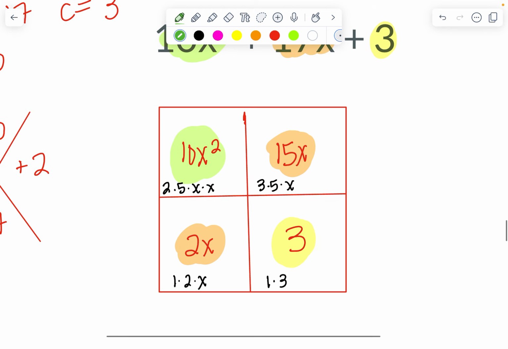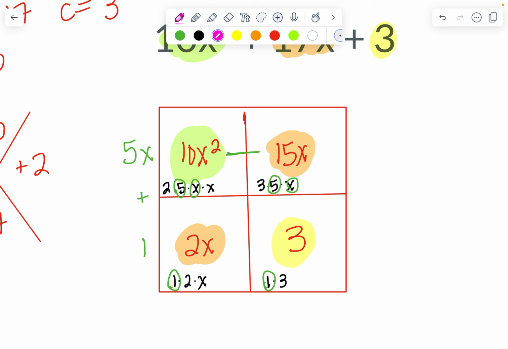If I'm looking at the GCF of 10x squared and 15x, it looks like I have both a 5 and an x in both of these. So the GCF of that row is 5x. If I go to my next row, 1 is the GCF of that, so plus 1. And now I'm going to do the same thing with my columns.